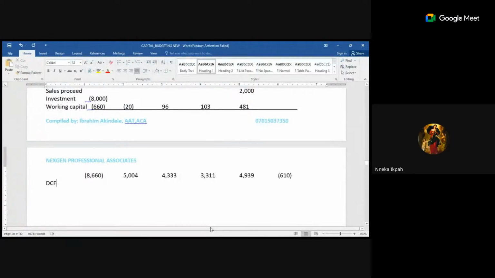Yes, 12%. So this will be 1. What do we have here? 0.893. Next, 0.797.